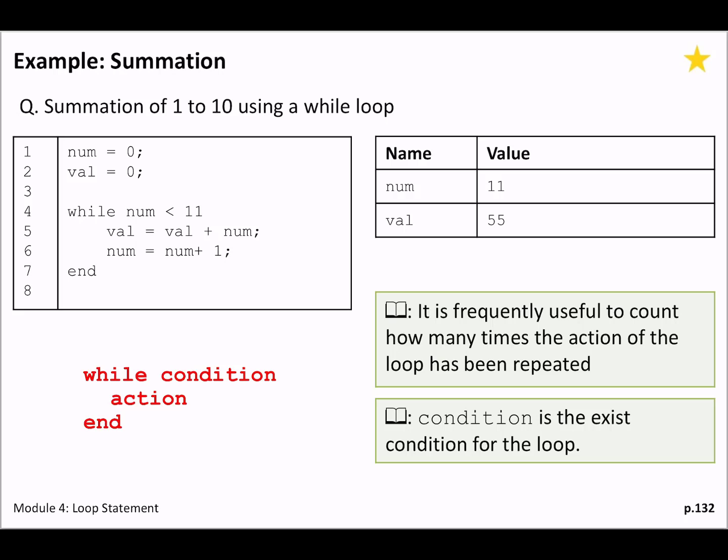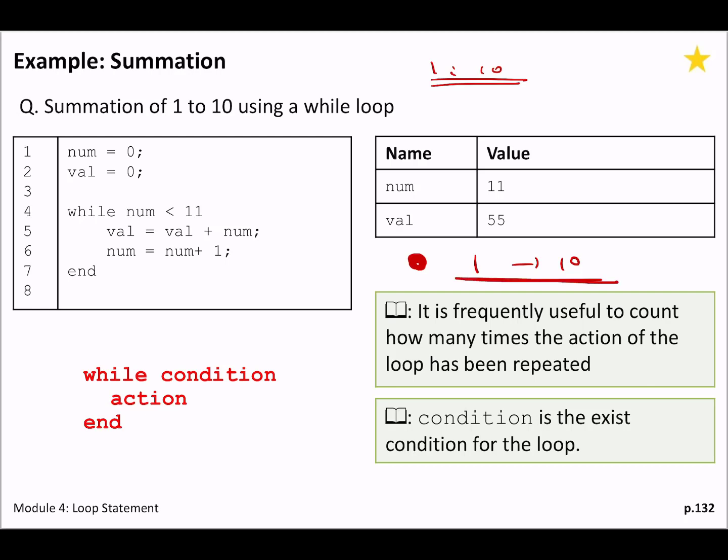Here's the question. Can we sum the range values using the while? Yes. How? So here, you're going to sum 1 to 10. What is the condition statement that we can design? One is your value. You first design the value range from 1 to 10, and you check to see if your value is within this range.